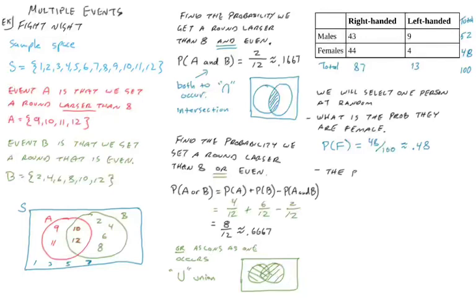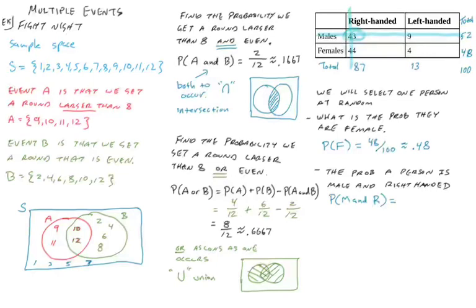And let's try another example here. What if I want the probability a person is male and right-handed? So now I'm doing 2 events. And so our notation, probability a person is male and right-handed. Again, we're looking at the males and right-handed here.